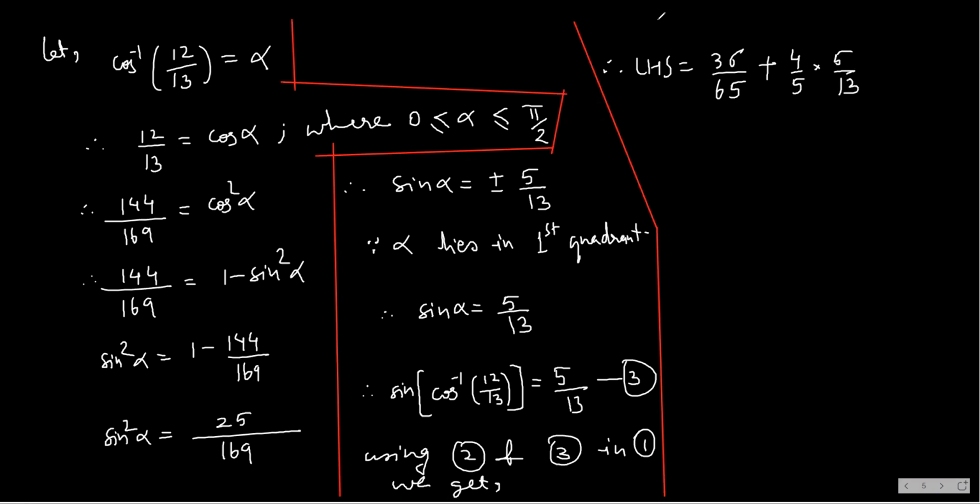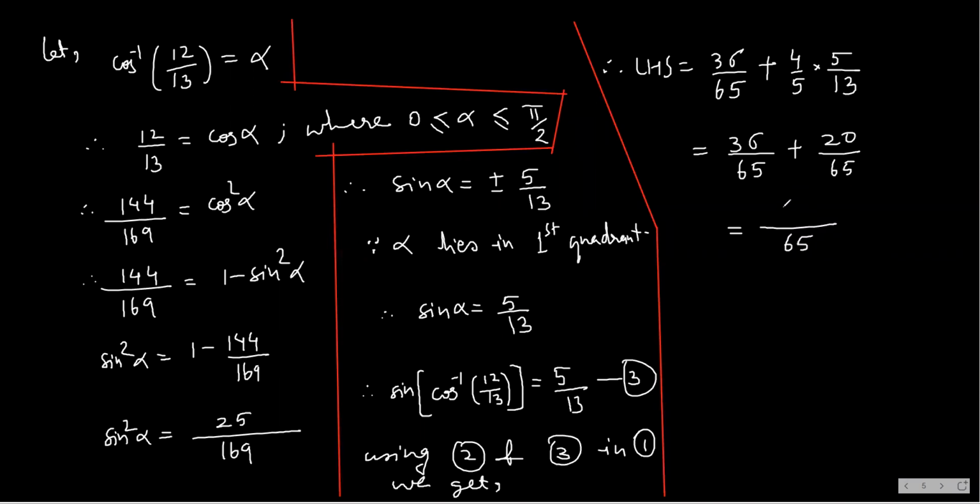Some students commit the mistake of getting tempted and cancelling this 5 immediately. Don't do that. It is not wrong, but you will not get the required answer. So the next is 36 upon 65 plus 20 upon 65, with 65 as the common denominator.